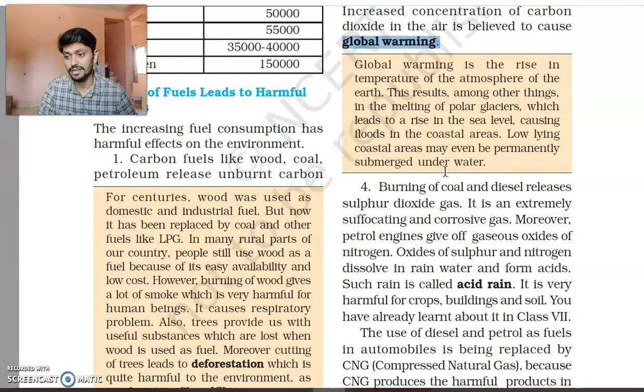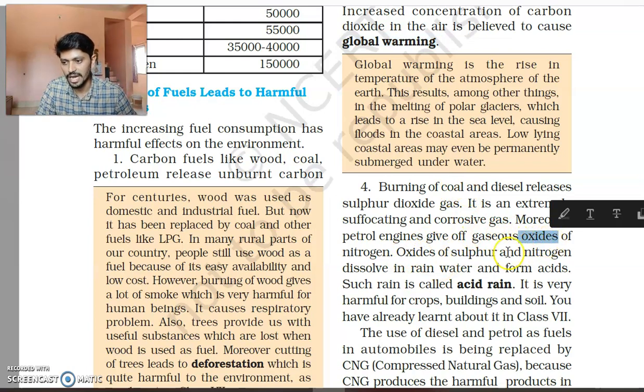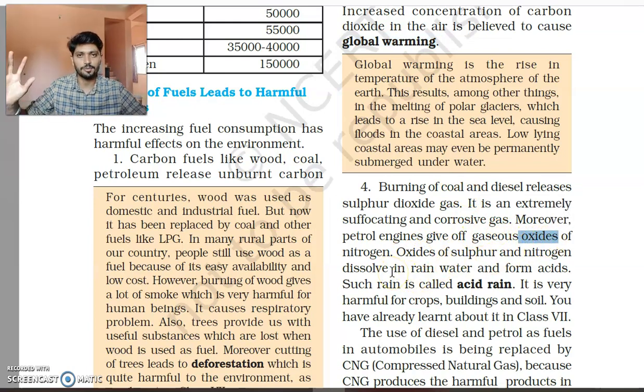Again, there are certain diesels and petrols. When we burn them, they produce non-metallic oxides. What are non-metallic oxides? You might have learned in your chemistry: sulfur, nitrogen. These are the gases that are released, like sulfur dioxide and nitrogen dioxide. When these oxides of nitrogen and sulfur are released in the atmosphere, they are highly soluble in water. What is soluble?